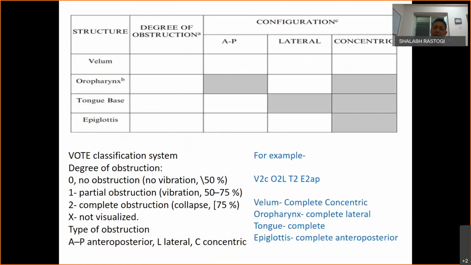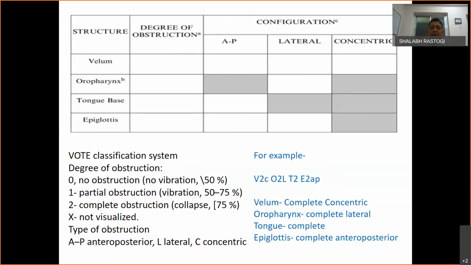Now, the findings are noted down in this chart, which has various columns which tell about the degree of obstruction, which is measured as 0, 1, and 2. 0 is no obstruction, 1 is less than 50, between 50 to 75, and 2 is complete obstruction, that is greater than 75.